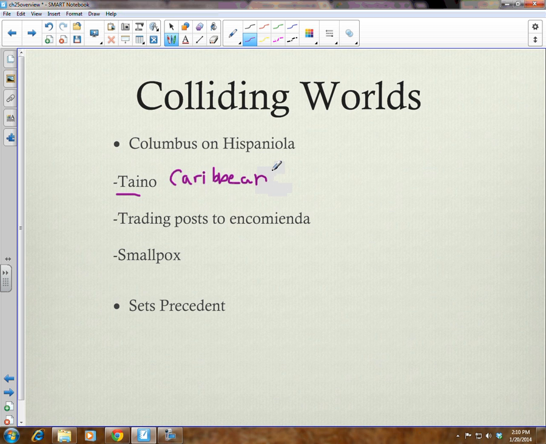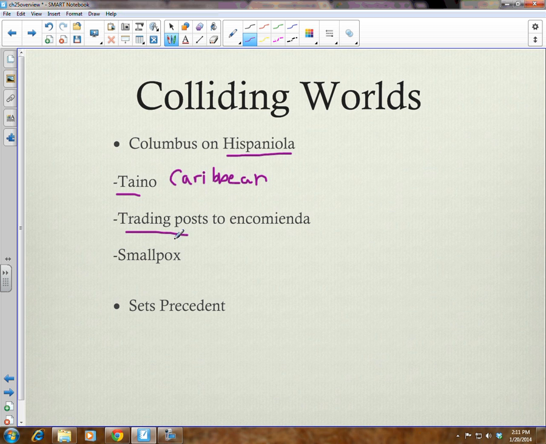After Columbus made Hispaniola, the island that he arrived on, his base of operations and established the fort of Santo Domingo, he initially attempted to build trading posts to allow European merchants to trade with the indigenous population. As you'll remember, this was a common strategy of the Europeans.